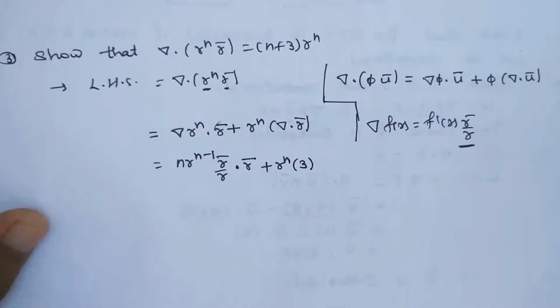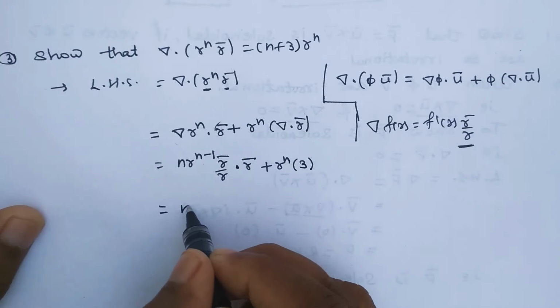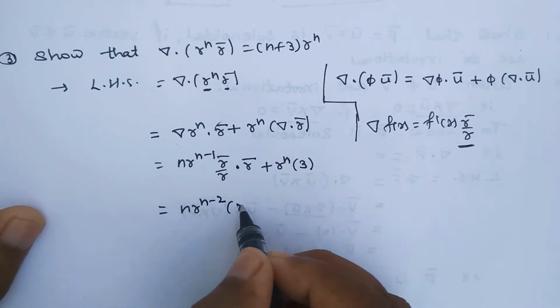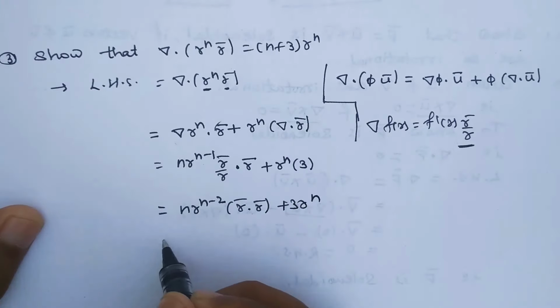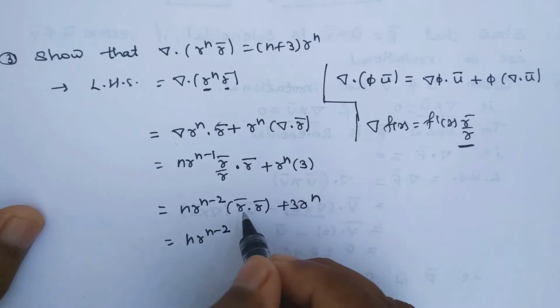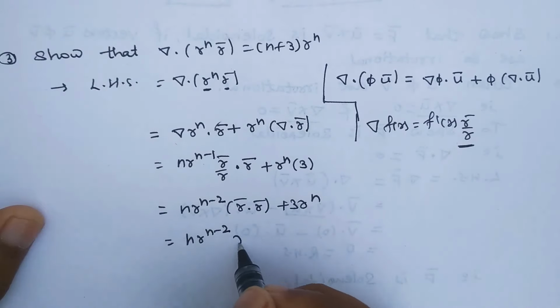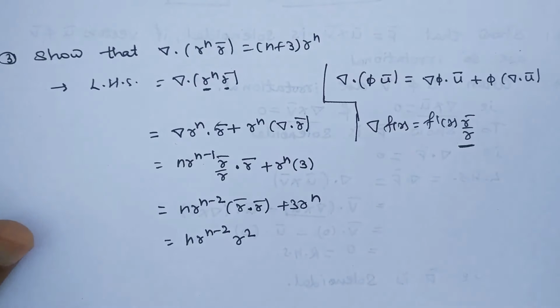So this value is 3. This is equal to n into r raised to n minus 2, r bar dot r bar, plus 3 r raised to n. The value of r bar dot r bar is r square. Note down: the dot product of the same vector is its square.